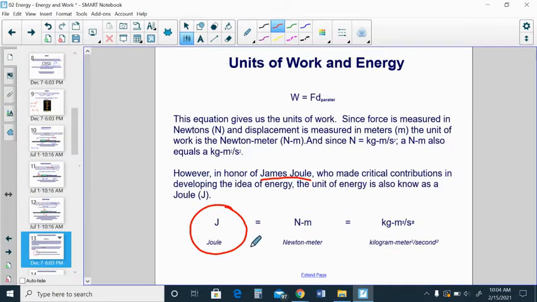Now what that actually is, and you never need to write this down, but it's the Newton meter, which if you recall from the last unit, a Newton is kilograms per meters per second squared. So technically all of that combined over here, we have the kilogram meter per second squared times meters gives you this. But we're just going to keep it simple, and we're going to call it the joule. That is the unit that is standard here.